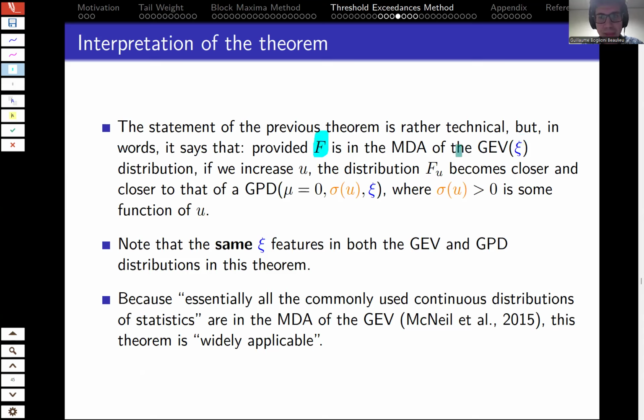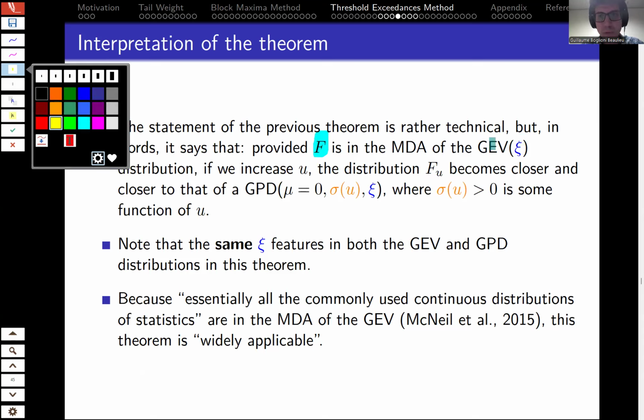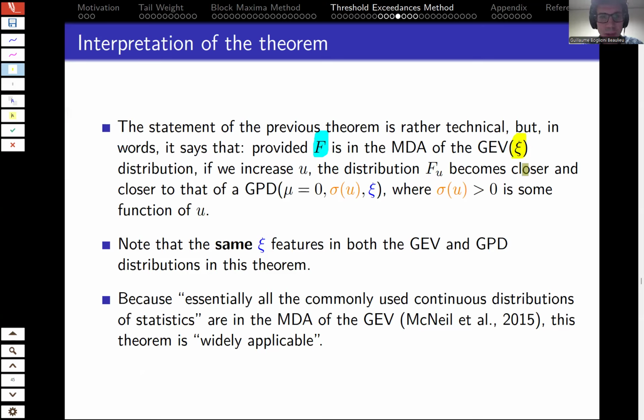If f is in the maximum domain of attraction of the GEV-C, if we increase u, the distribution f_u, which is the distribution of the exceedances, becomes closer and closer to that of a GPD, specifically with a mu of 0, and a certain sigma that depends on u.